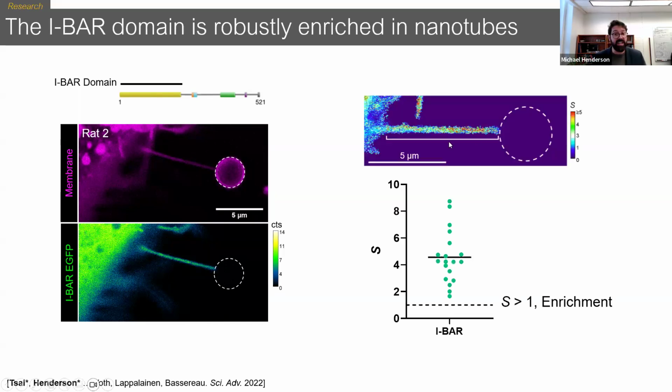Right? This is a heat map showing the sorting ratio, highlighting that you have very high sorting of this membrane binding domain within these tubes, and it roughly had a value of around 5, let's say. So a pretty high sorting preference within these curved geometries that we created with optical tweezers.